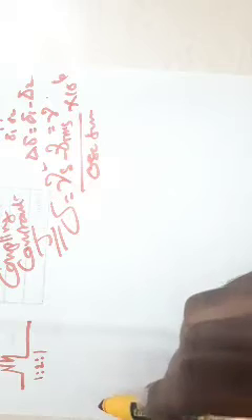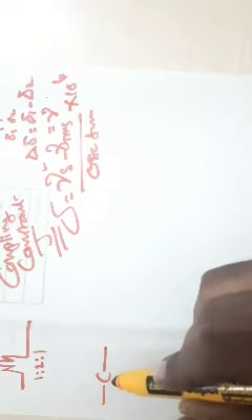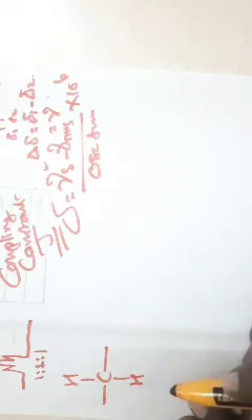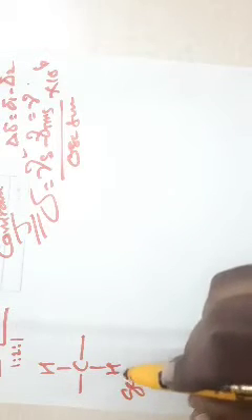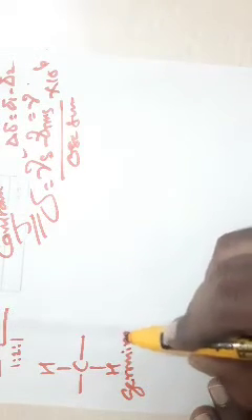Now, we have seen the different types of couplings. See, you have a methyl group, a methylene group like this. The protons attached to the same carbon are your geminal protons.